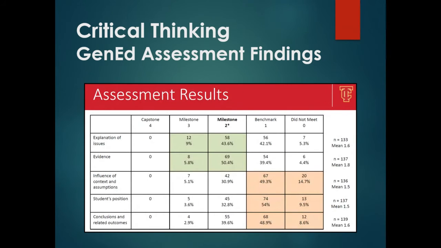At the end of the whole process, I'm backing up. These are the numbers, okay? So you can see we did not have any or many fours, and that makes a lot of sense because the AAC New Value Rubric is created for not just two-year colleges, it's created for four-year colleges as well.